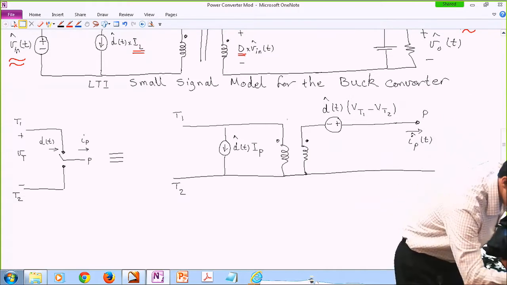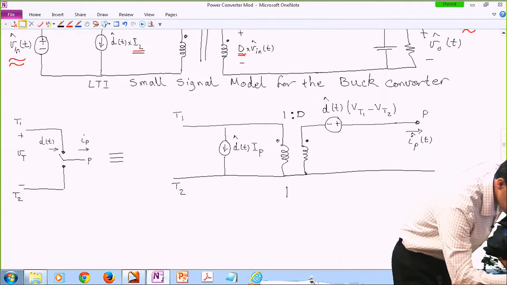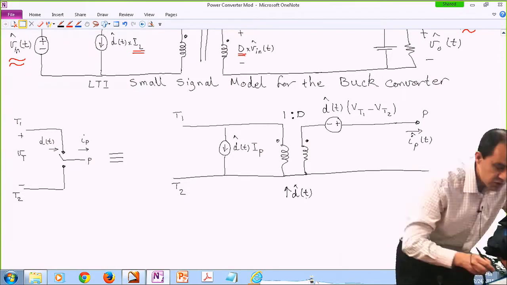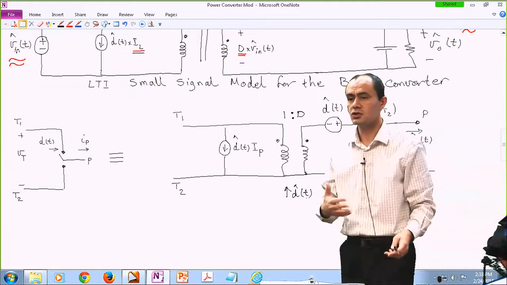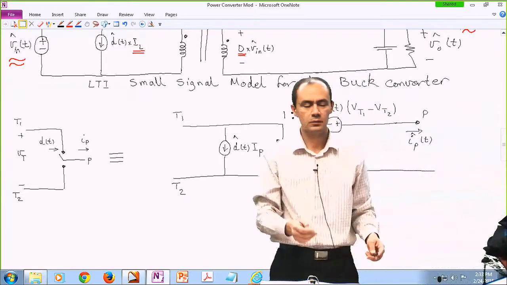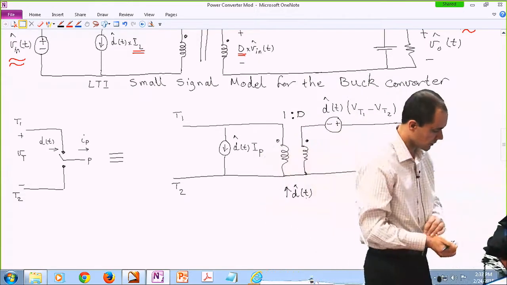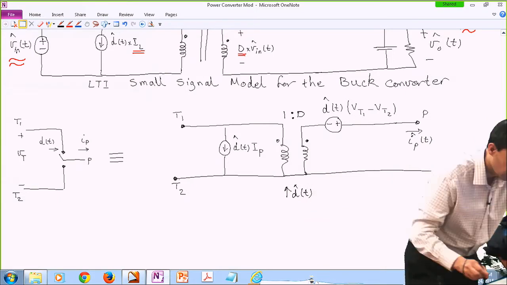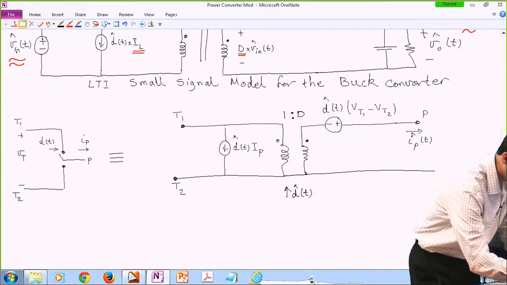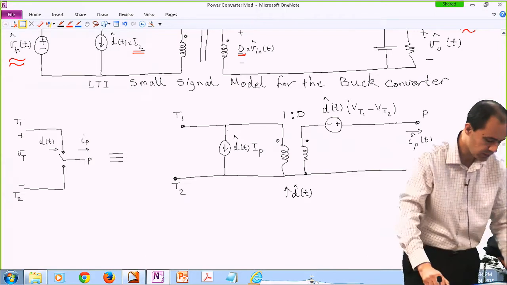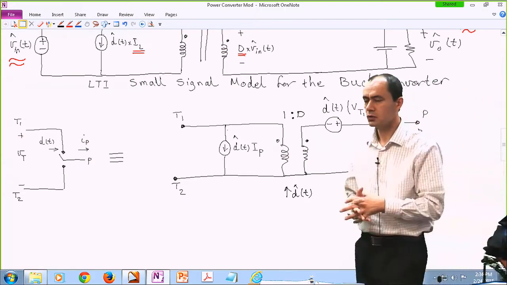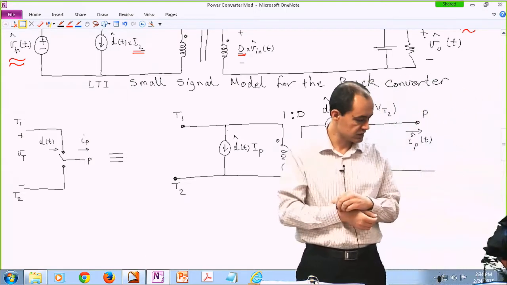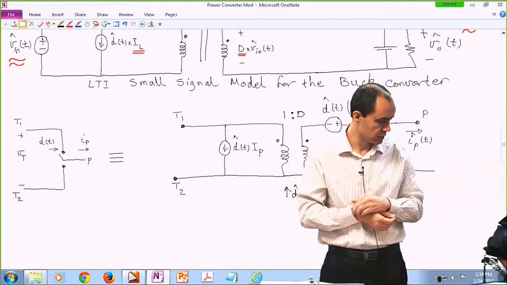And what is the control input? Changes in the duty cycle is all we can do. We can change the duty cycle to accommodate a particular objective in the system. So I would like you guys to remember how this thing looks. You don't really have to memorize it, but just have a sense of what it looks like.